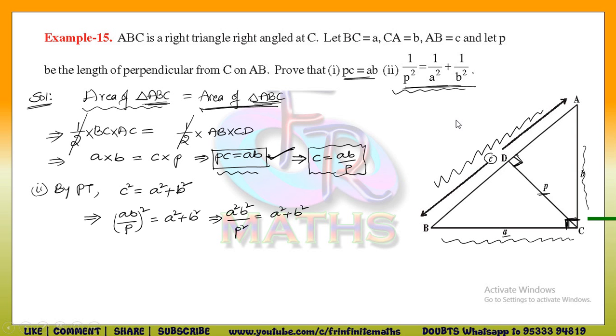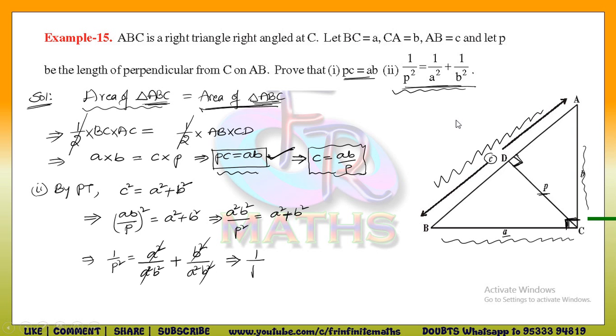So to get 1 by p square, I need to transpose this a square b square in the numerator to the other side, so it will go into the denominator. Since it is a square plus b square, I can give this a square b square to both the terms separately. So I can write a square by a square b square plus b square by a square b square. Now here a square gets cancelled in the first term, b square gets cancelled in the second term.